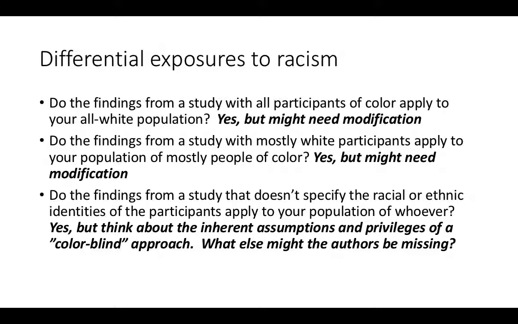So if the authors of a study are taking a colorblind approach and not talking about the racial or ethnic identities of the participants in their study, in their sample, or the racism that's present in the context that their study was conducted in, they might be missing other things. And so we really need to think critically about that, though the findings might absolutely still apply.